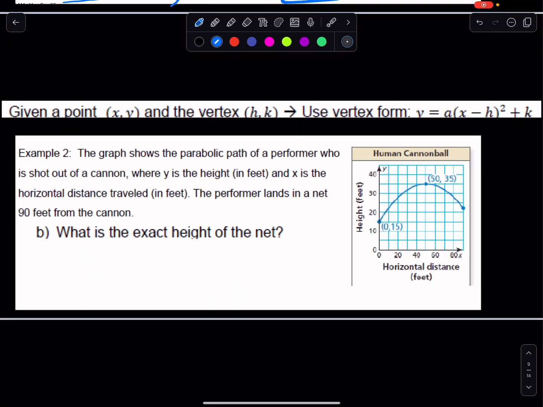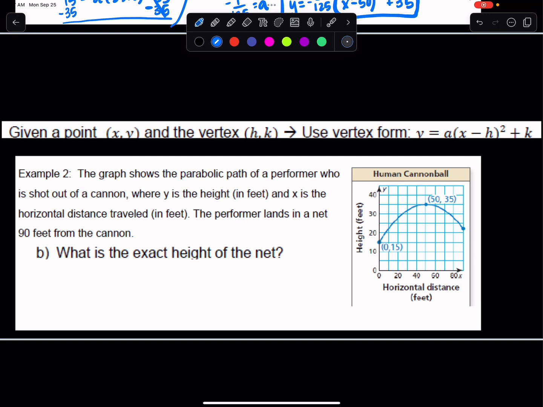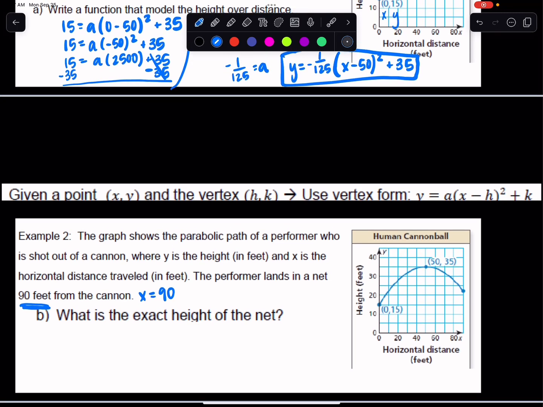What is the exact height of the net? So what we're going to do now is we have that the net is 90 feet from the cannon. So the distance x is 90. We're plugging that in to find y.